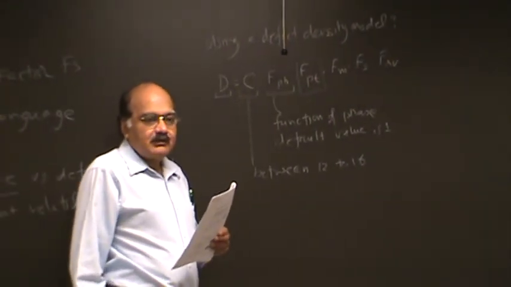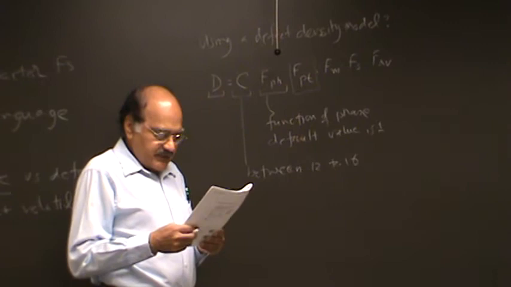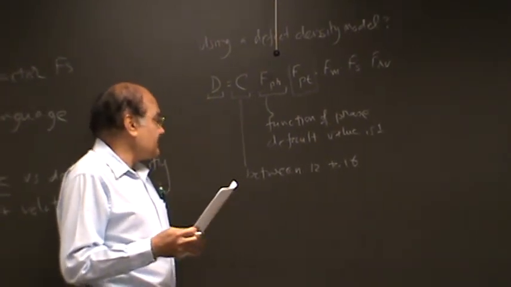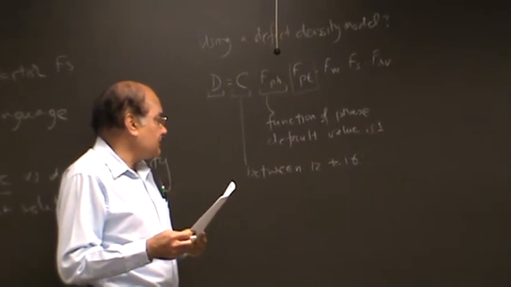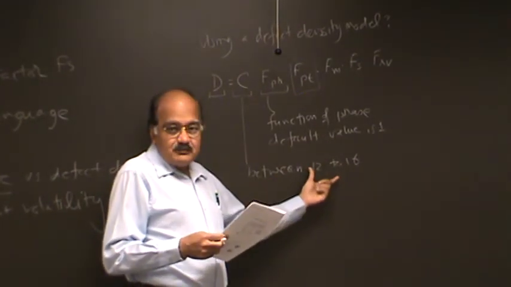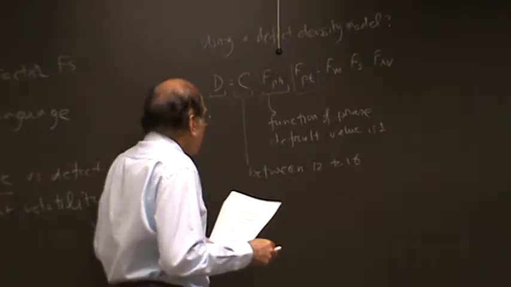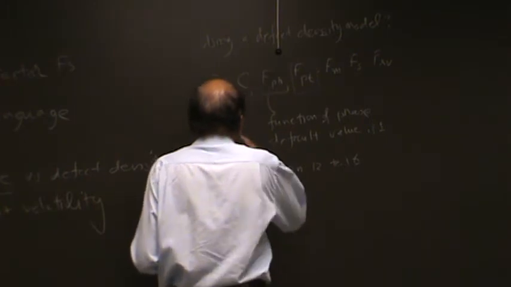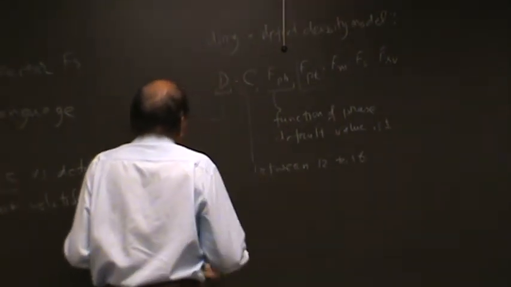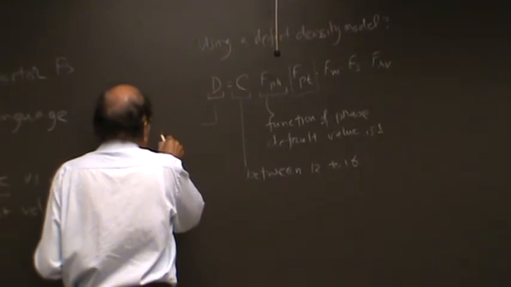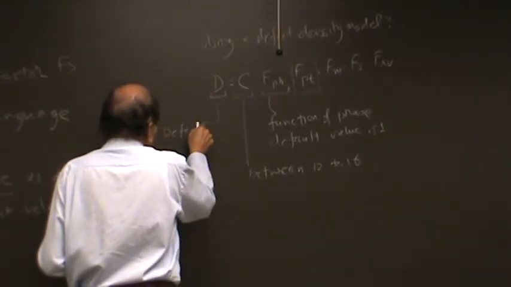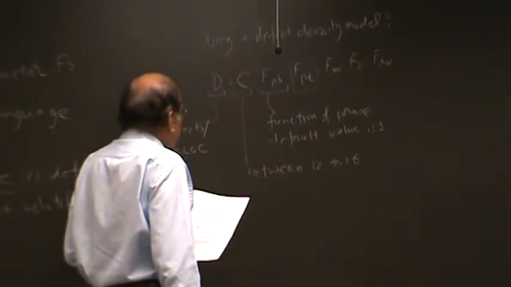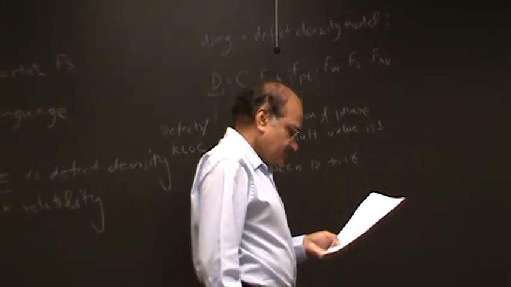So based on the data that was collected by John Musa, basically from AT&T Bell Lab projects, as well as other projects in other places, it seems to range between this, assuming that D is measured in defects per 1,000 lines of code. Defects per 1,000 lines of non-commented source code lines.